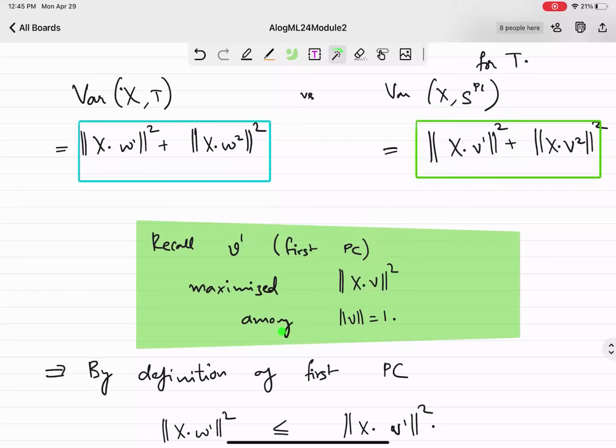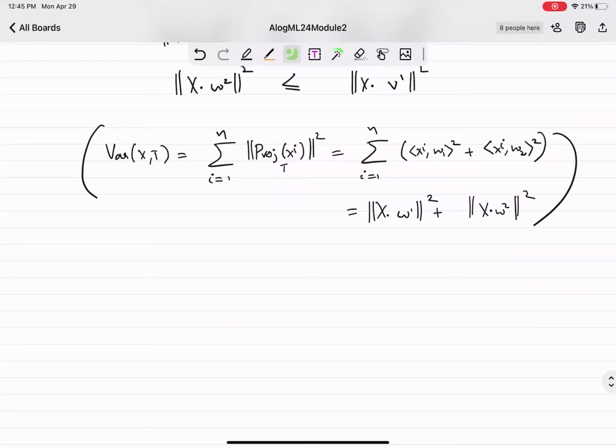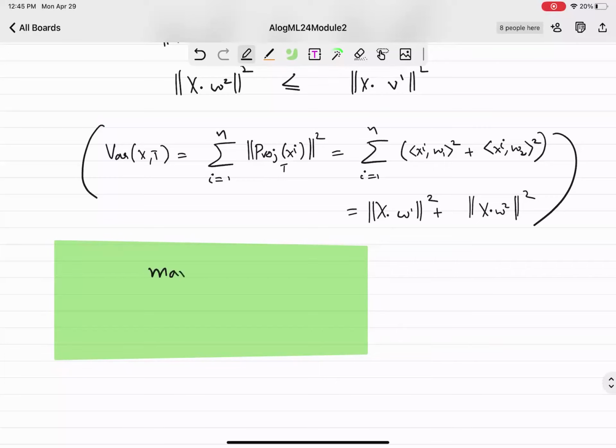That can easily happen. So how do you get around this issue of not being able to compare v2? What do we know about v2 though? Again, recall the definition. So we know v2 maximizes x dot v squared among all vectors which are perpendicular to v1.